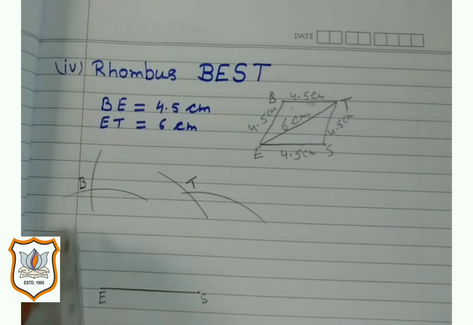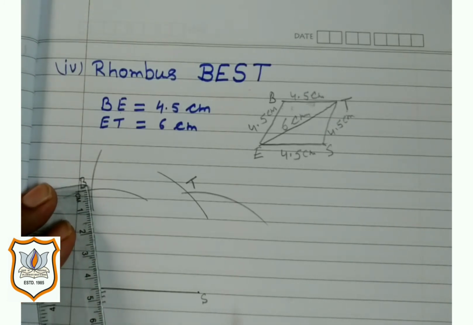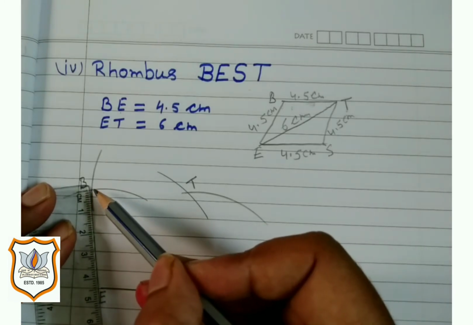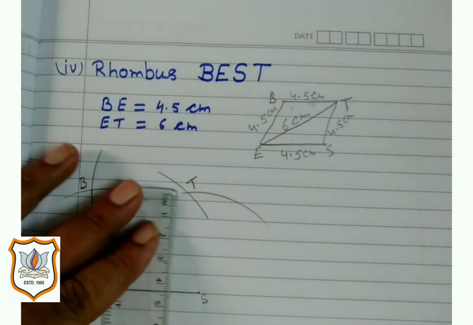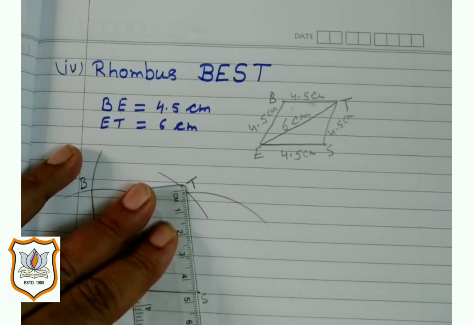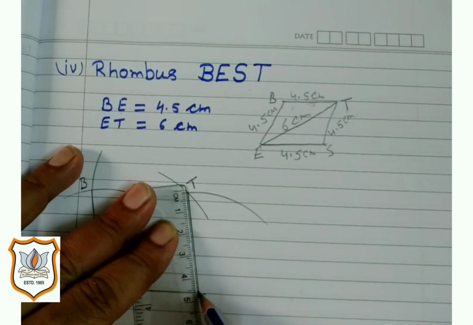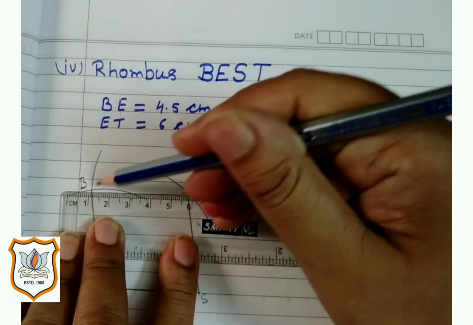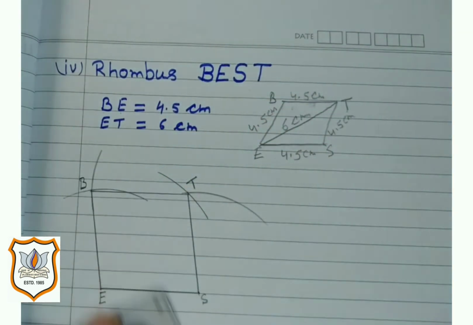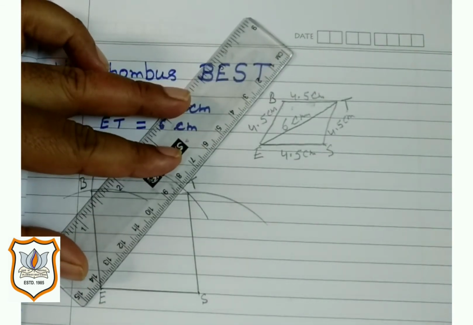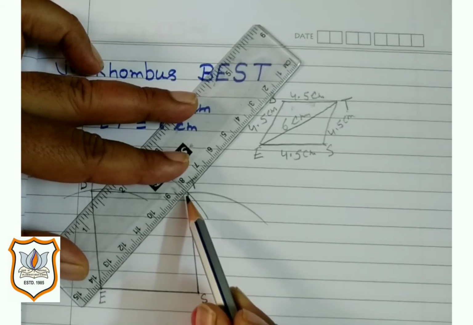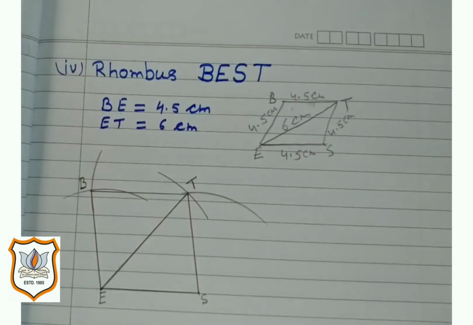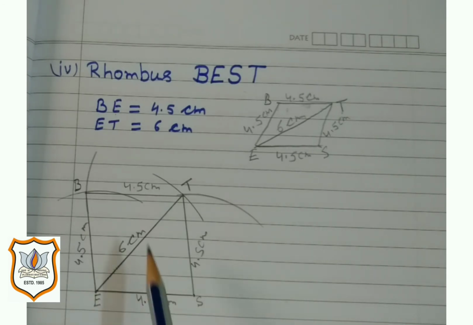Now we will join point B and E. We will join point T and S, and we will join point B and T. Now we will join point E and T. Students, you can see in rhombus BEST all sides are equal and 4.5 centimeter.